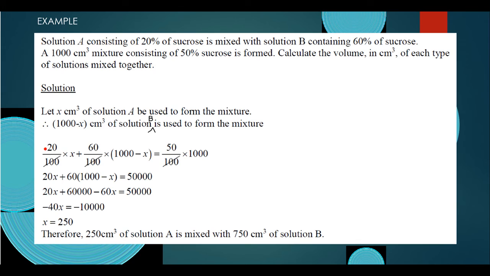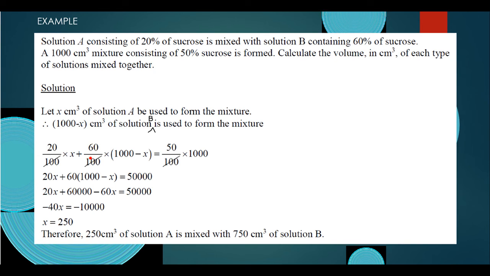Now I'm trying to form the equation by equating the amount of sucrose in the mixture. In solution A, there are 20% of sucrose. So I take 20 over 100 times the total volume of solution A. That will give you the volume of sucrose in solution A, plus the volume of sucrose in solution B will be 60% of sucrose.